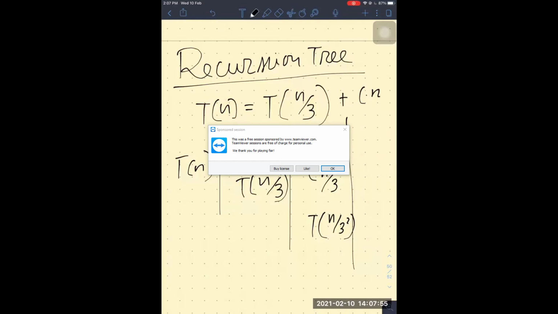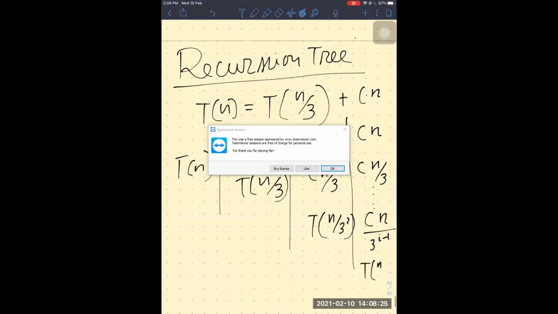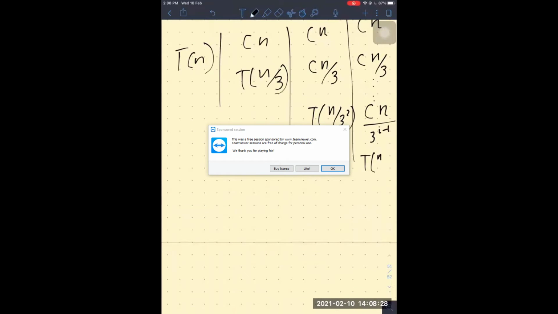In this way, the general term will be C of n plus C of n over 3, all the way to C of n over 3 to the power i minus 1, and then T of n over 3 to the power i.